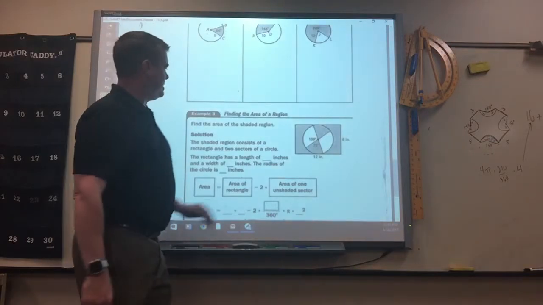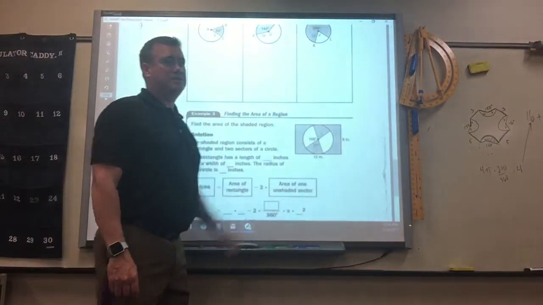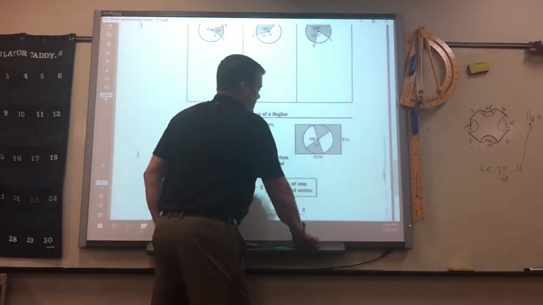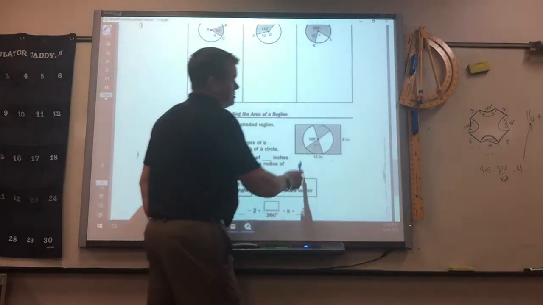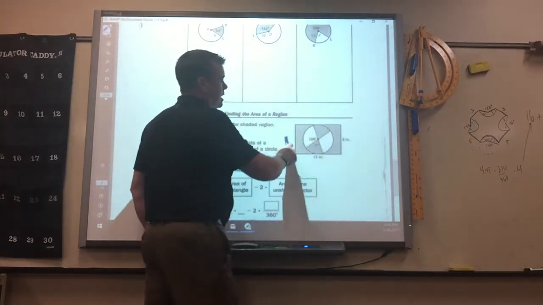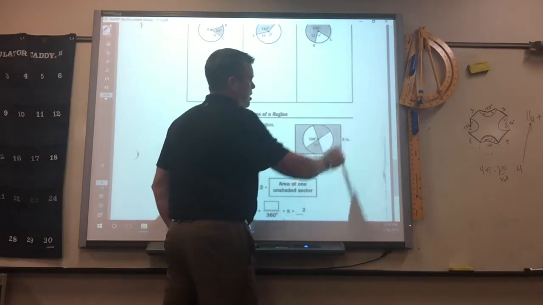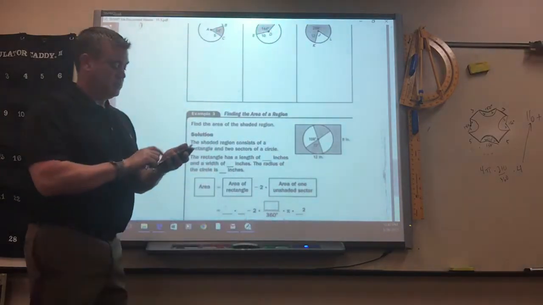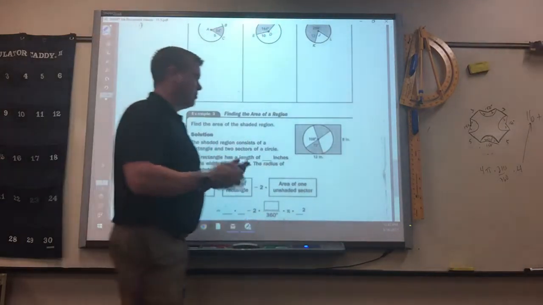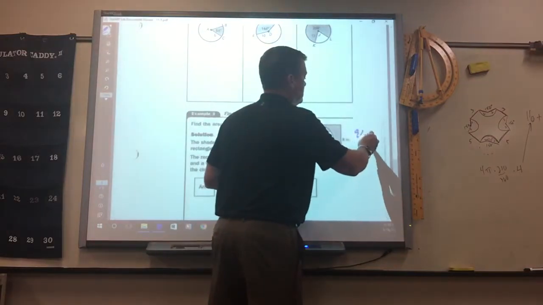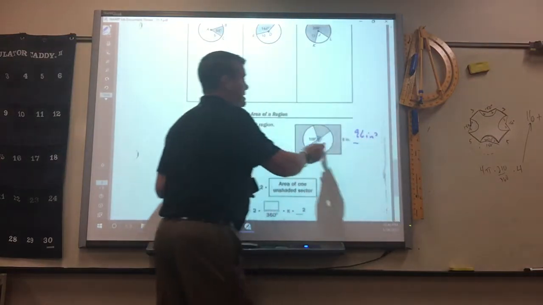Here we just want the shaded region. So this whole thing is 12 by 8, 96. And then you have to subtract off these two.